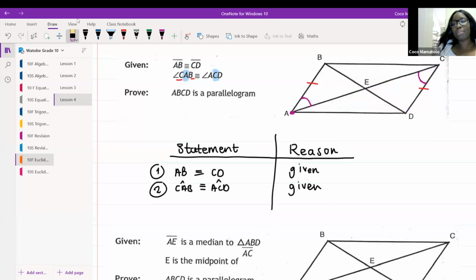Now, I can see that this side AB and the angle A belong to this part of my triangle, and this side CD and this angle C belong to this side of my triangle, right? We can almost treat these as congruent triangles.